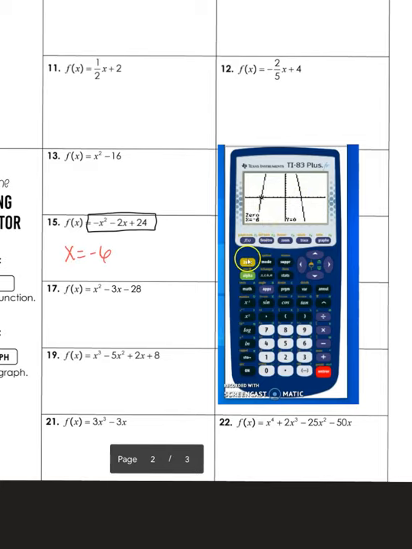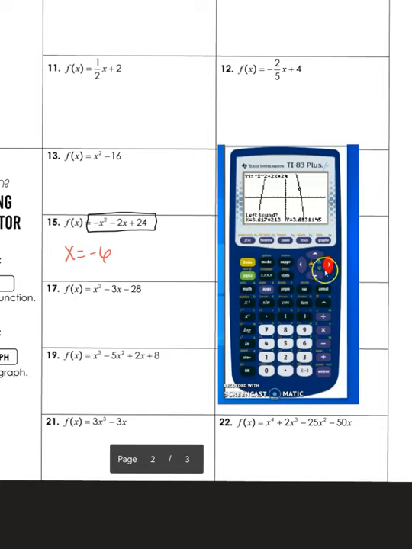But we still have to find the other one, so we're going to do that again. We hit second trace, number 2, which is 0. Move our cursor to set the left and right bound. In this case, the left bound is up here. We move our cursor all the way to the right, so we can see that little blinking cursor a little bit above the line this time, because that's the left bound.